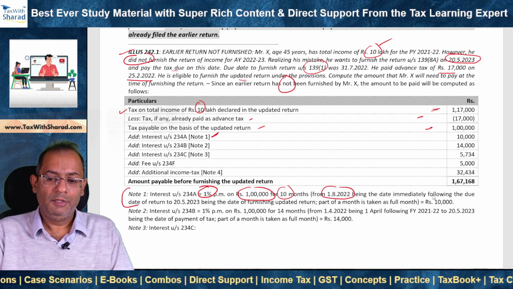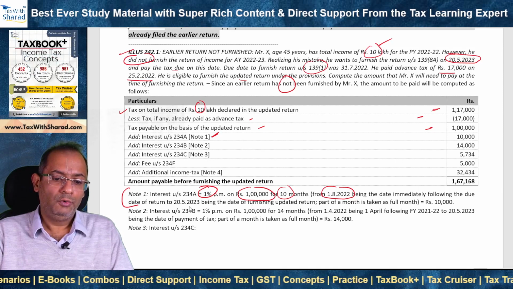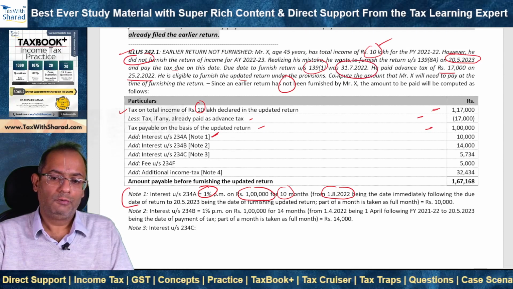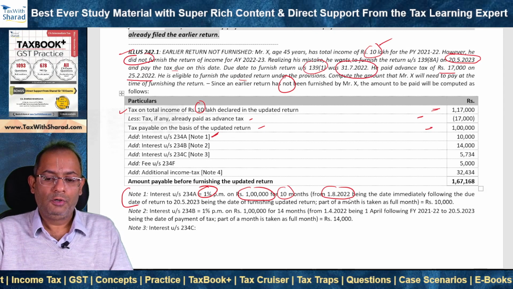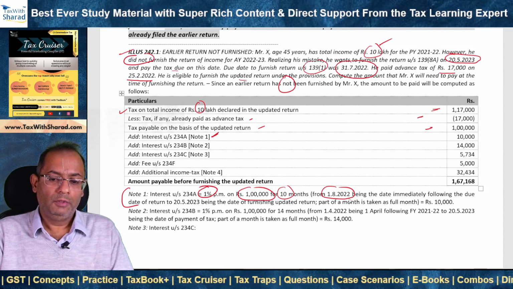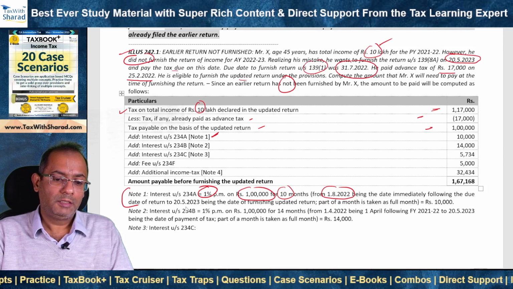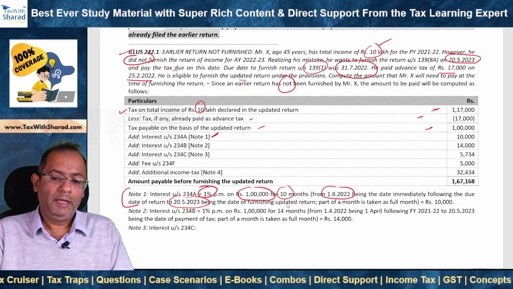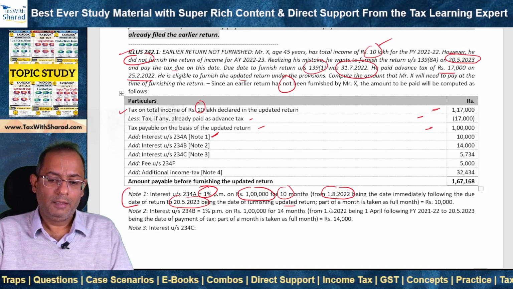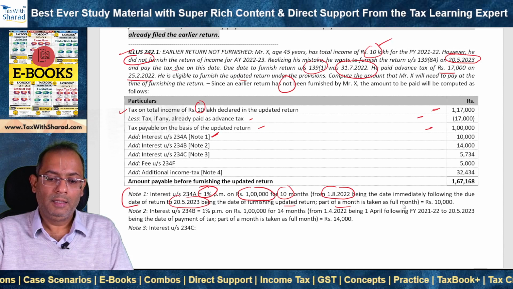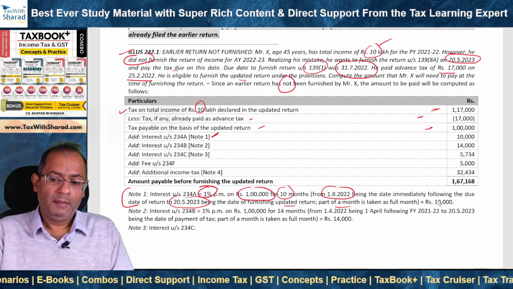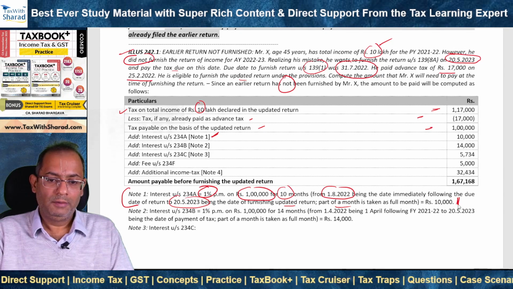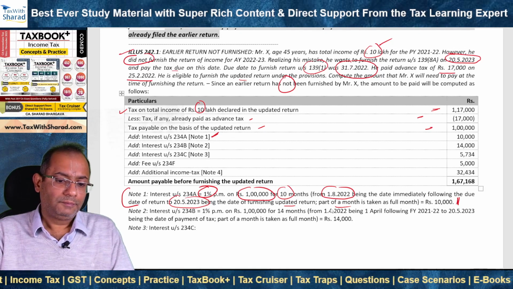Because it is the date immediately following the due date of return. The due date of return was 31st of July, and therefore 1st August 2022. From there on, interest will be leviable to which date? To 20th May 2023, which is the date of furnishing of updated return, and part of a month will be taken as full month, and therefore interest under section 234A will come to rupees 10,000, right?